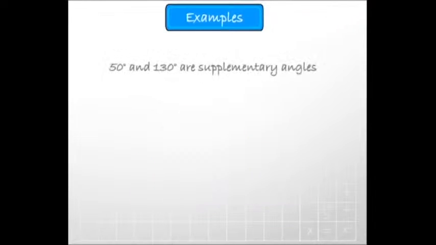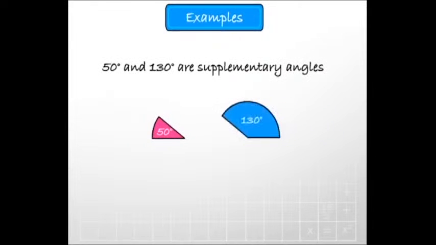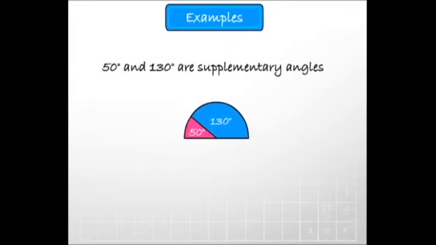For example, 50 degrees and 130 degrees are called supplementary angles. This is because when we add these two angles together, we get a 180 degree angle.